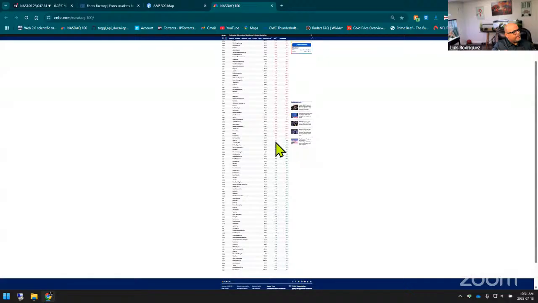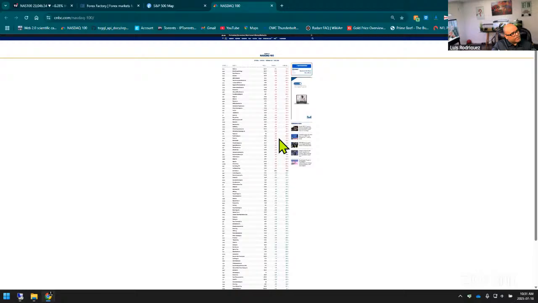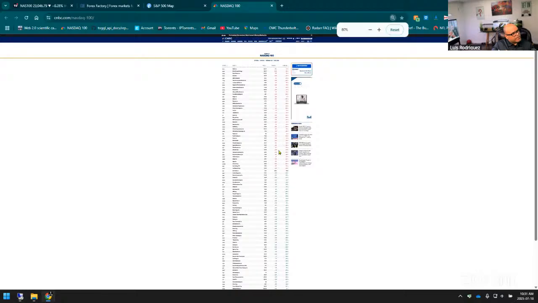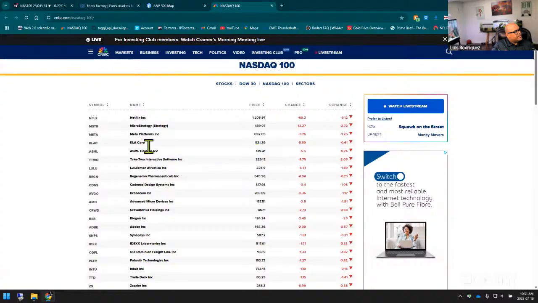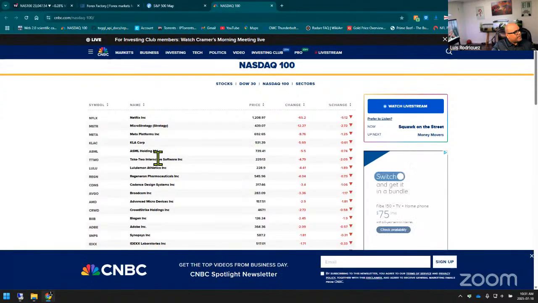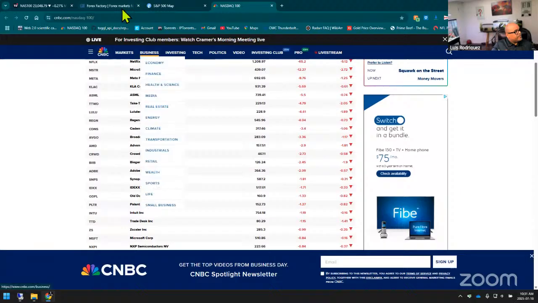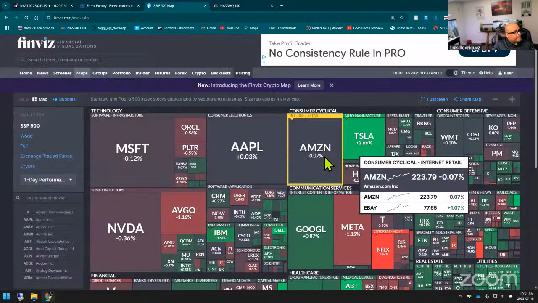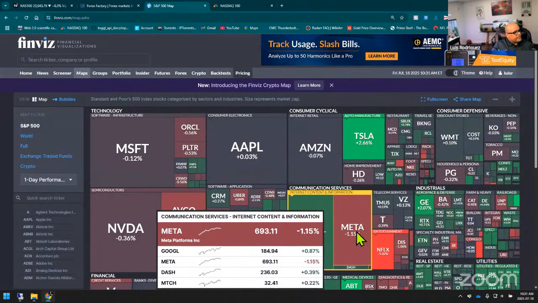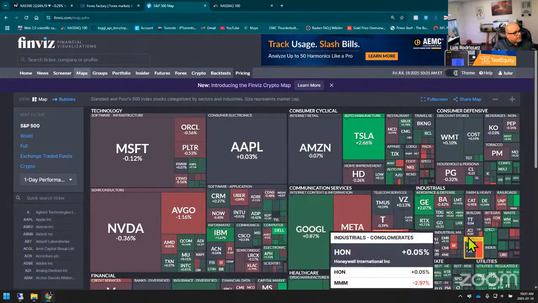So basically, a lot of companies are buying, maybe 55%. But what happened is these big corporations here, like Meta. If you look at the heat map here, you see they're big companies compared to all the small ones.